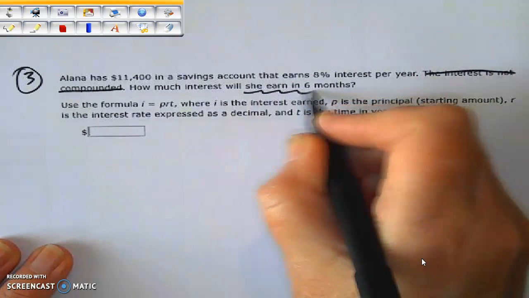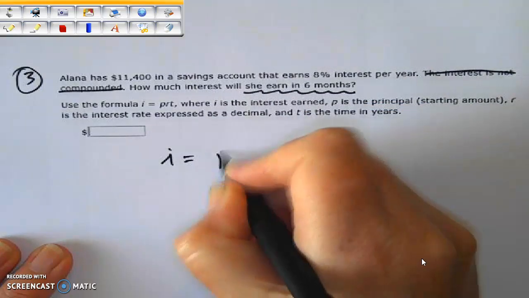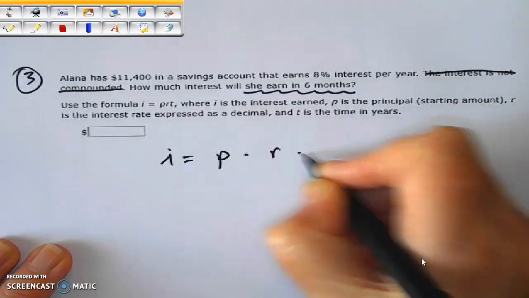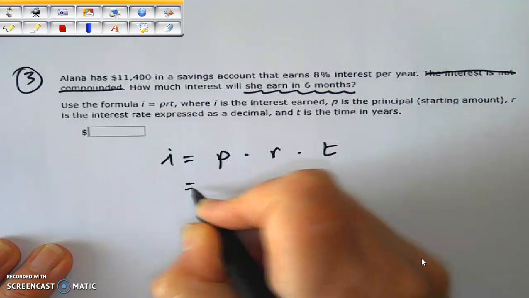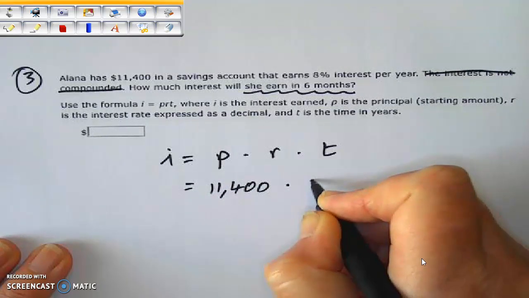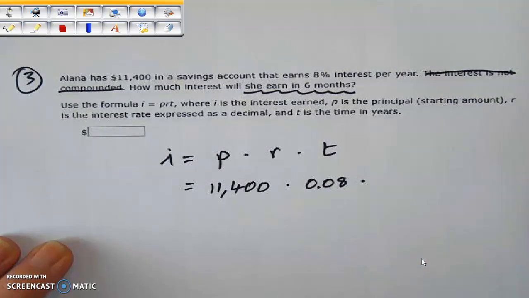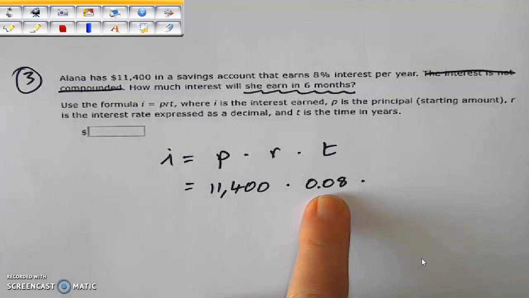I is equal to principal times rate times time. Our principal is 11,400. Our rate is 8%. Be careful to put that as a decimal properly. It's not 8/10, it's 8/100. 8% is 8 out of 100. Make sure you put that extra 0 in there.